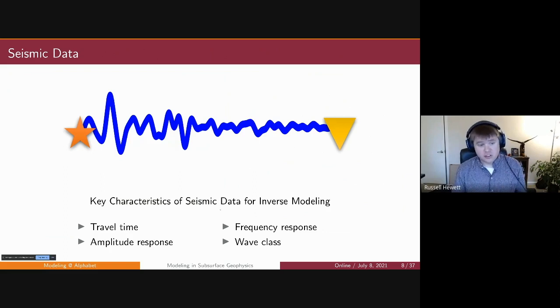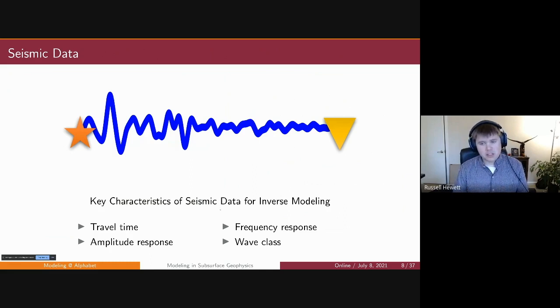So I'm going to use a star to represent that source. And of course, we don't have the ability to read the state of this wave across the entire Earth's surface. So we record that at different points, and I'll call that a receiver. And I'm going to represent those by these upside down triangles.